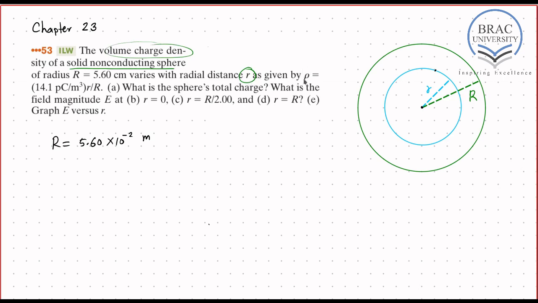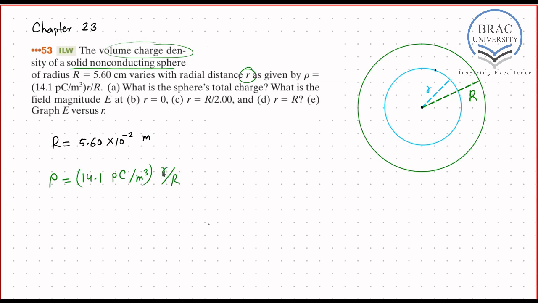This is interesting because the density varies with small r, and the variation is given by rho equals 14.1 picocoulomb per meter cubed times small r by big R. So it varies basically linearly.